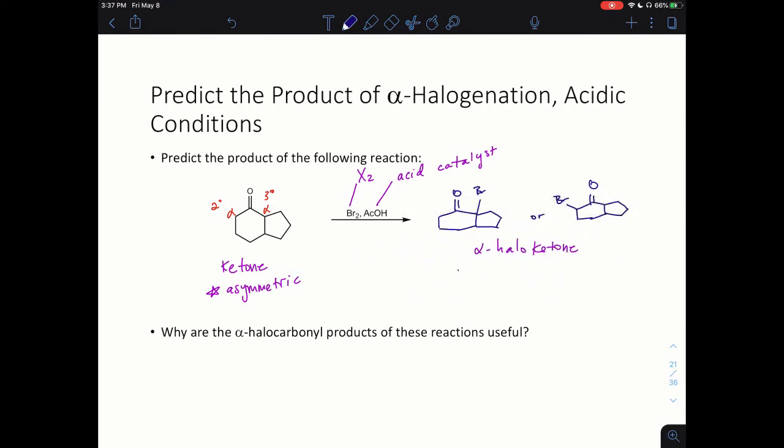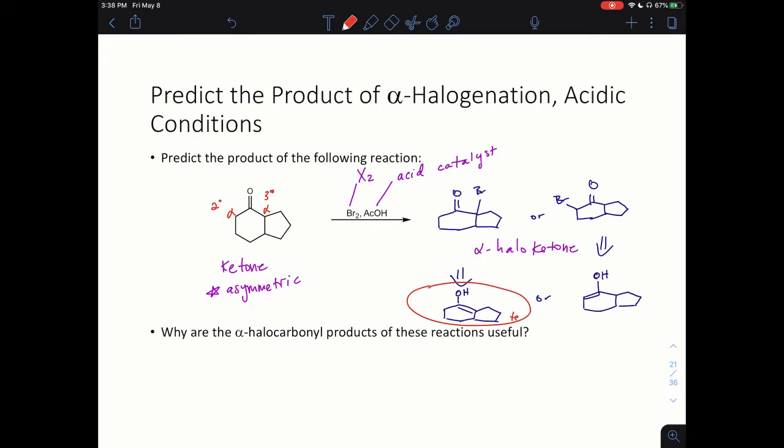Well, we need to think about what enols these come from. So the tertiary product comes from that enol. The secondary product comes from this enol. Which of these enols do you think is observed? Yes, it's this enol.